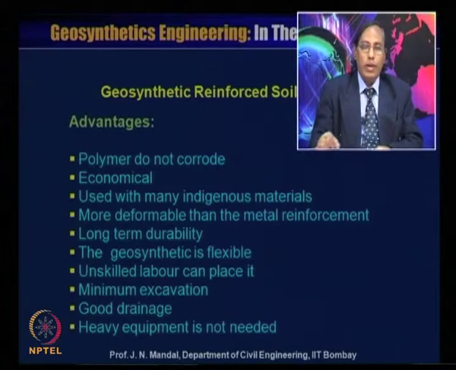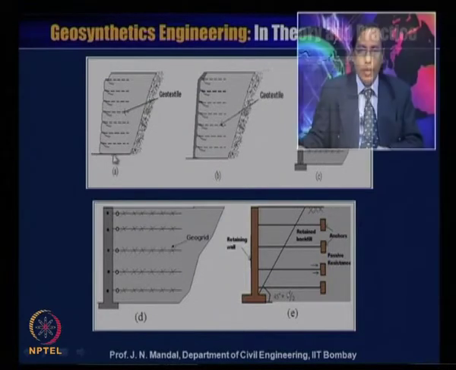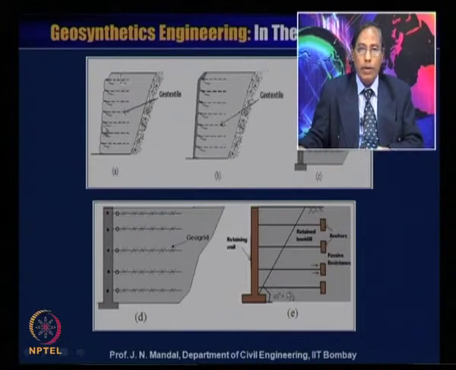You can see here the different types of geosynthetic reinforced soil structure. Here the geosynthetic is wrapped like this, a wrap-around face. So you place the geosynthetic and wrap it, and you fill up with the soil and compact it and wrap it, you can construct the geotextile wall, reinforced soil wall.